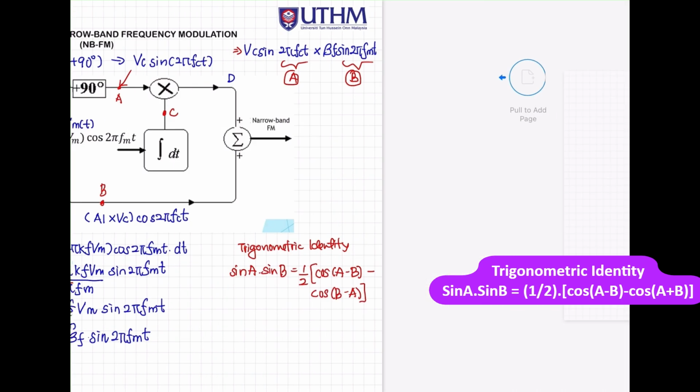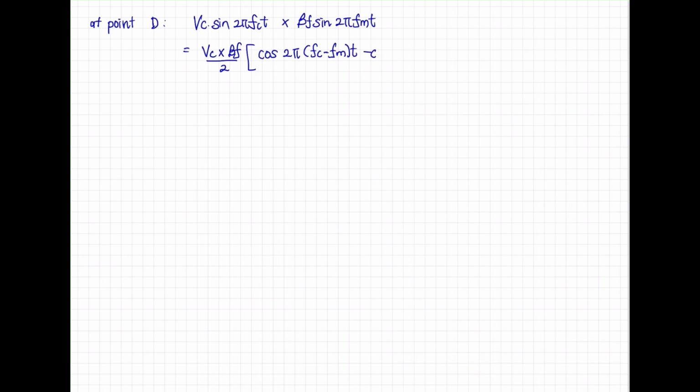At point D, we see sin 2π fc t times βf sin 2π fm t. Using the trigonometric identity, this becomes Vc βf over 2 times cos 2π(fc minus fm)t minus cos 2π(fc plus fm)t.